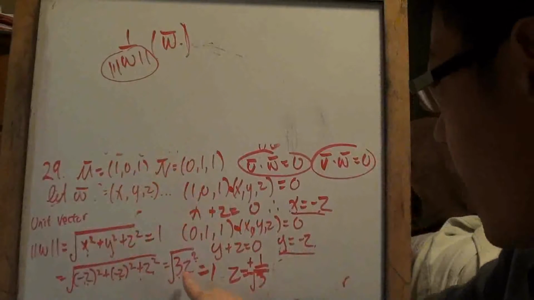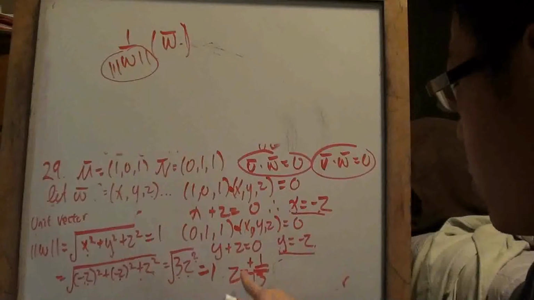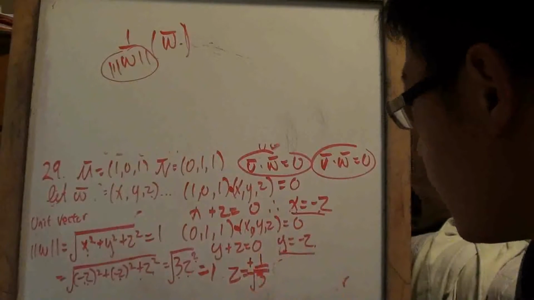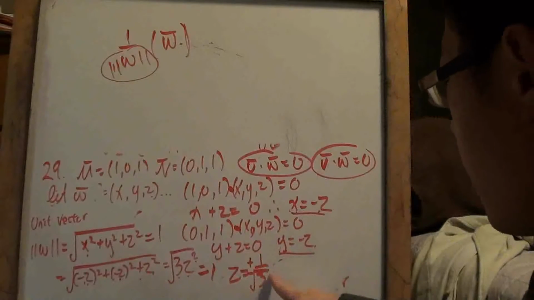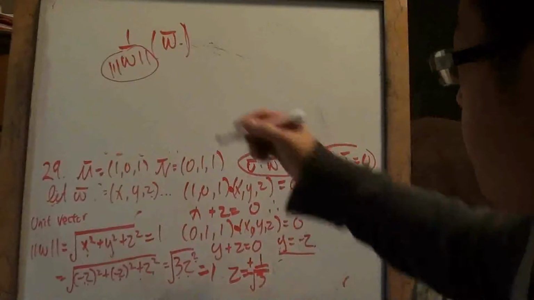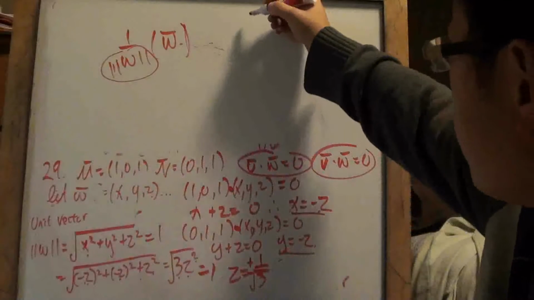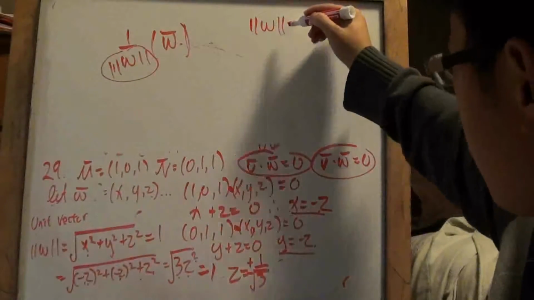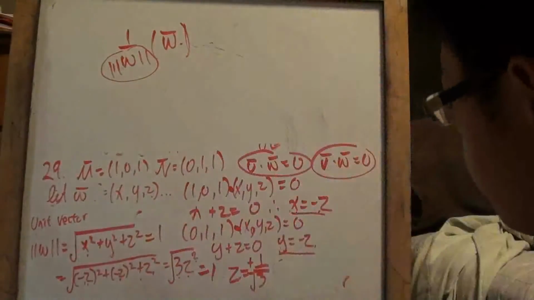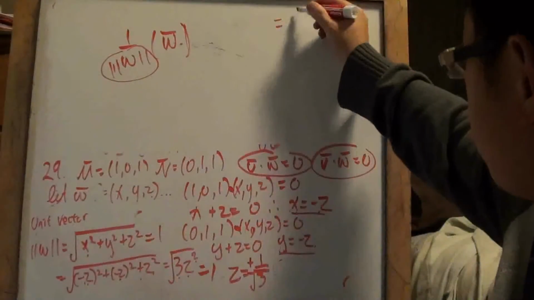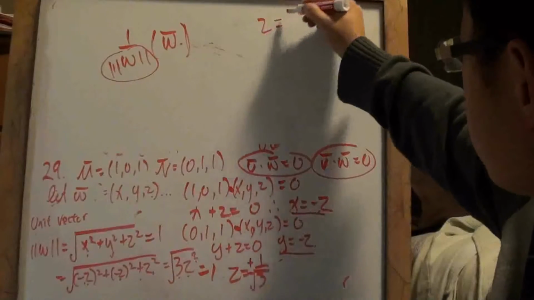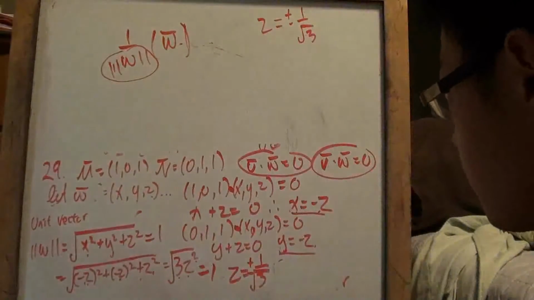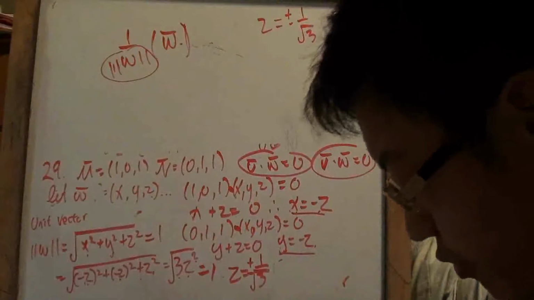So therefore, isolate for z, and you're going to have z equals positive or negative 1 over the square root of 3. Now, we had that before. So z is going to be positive or negative 1 over the square root of 3. Where do we go from here?